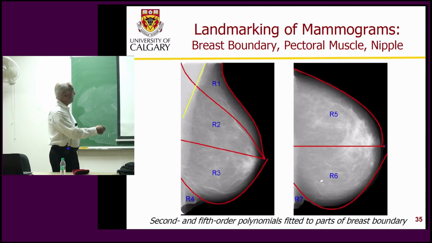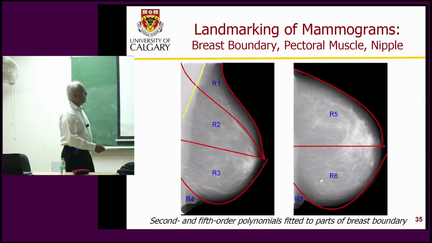So the breast boundary is broken into two parts, possibly three parts if there is a little part here. But we fit these contours to just get an approximate or smooth representation. And then we draw a similar contour by interpolation from the top edge, which is in the pectoral muscle, to the nipple, and this is derived from that contour.